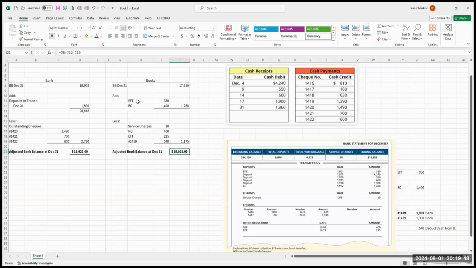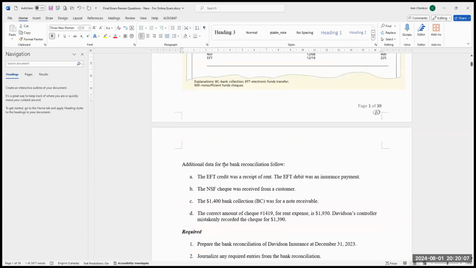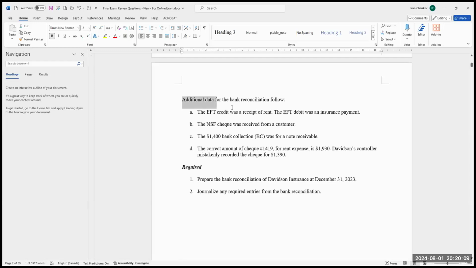Now let's take a look at what that EFT deposit coming into our bank account was. We're going to check the additional information that we have available in the question. As you can see, there's additional information.